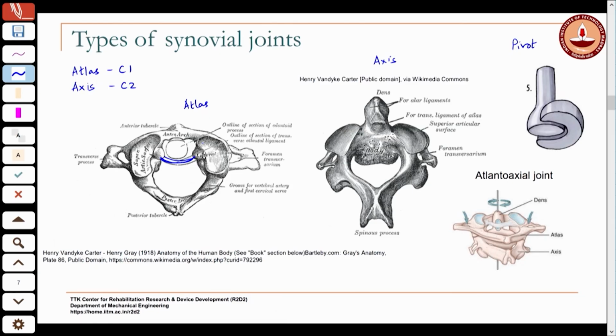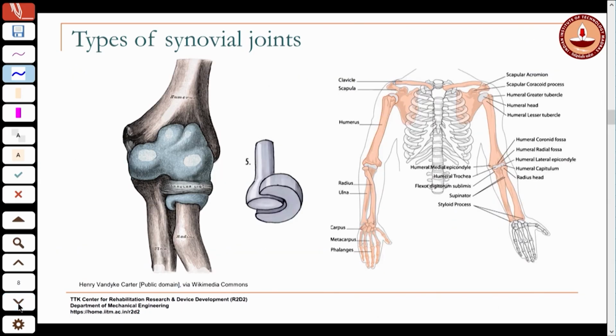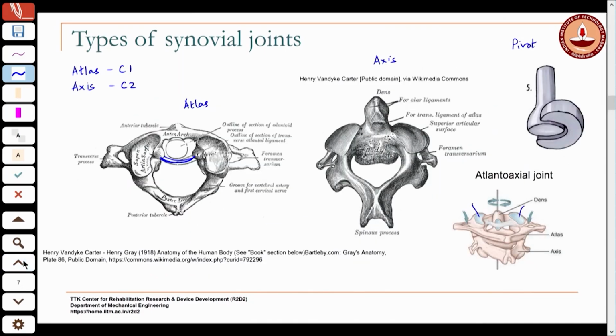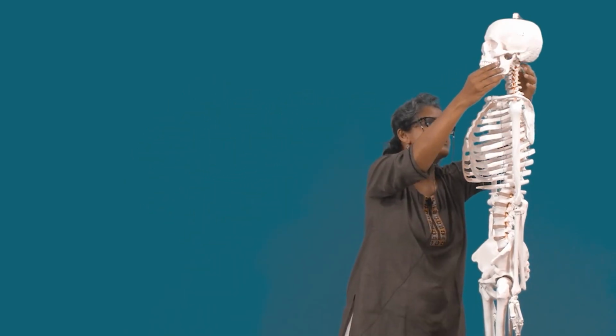So, this is another picture that shows this. Your head, your skull, sits on the atlas vertebra, and that is a condyloid joint.